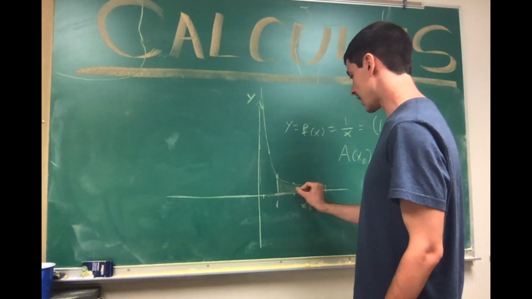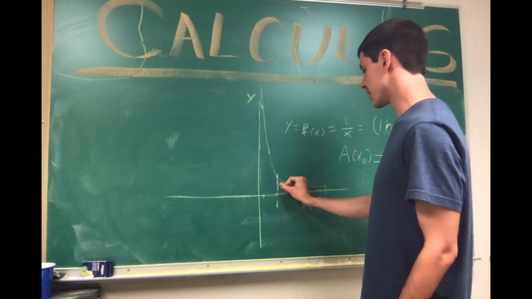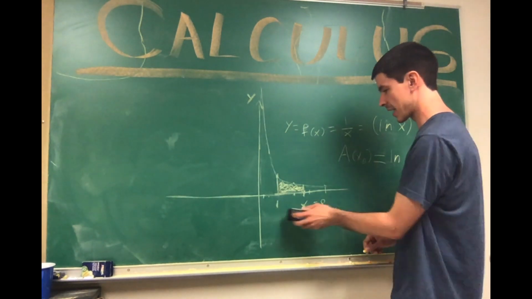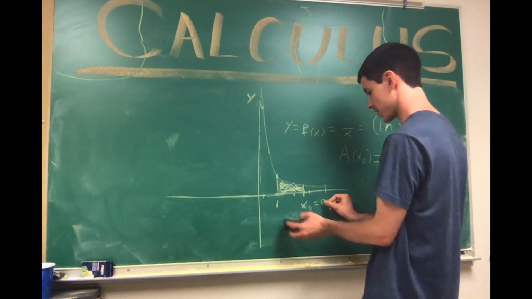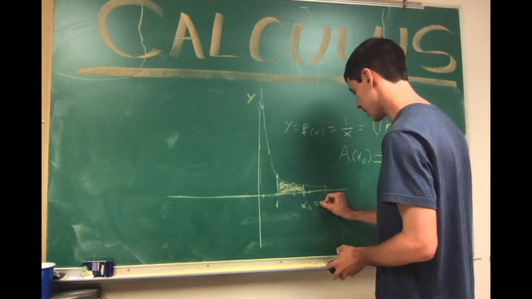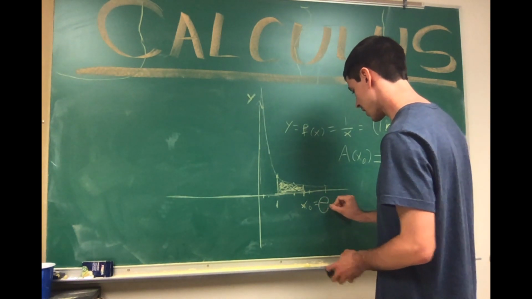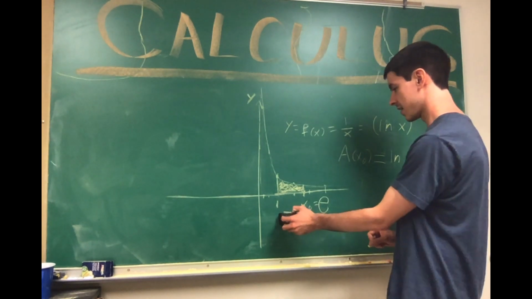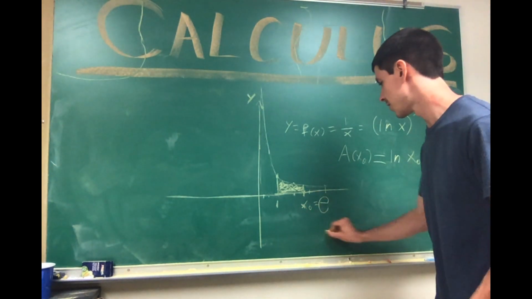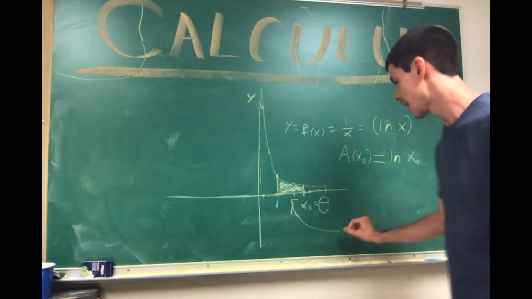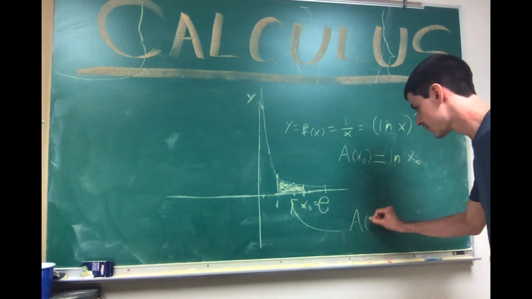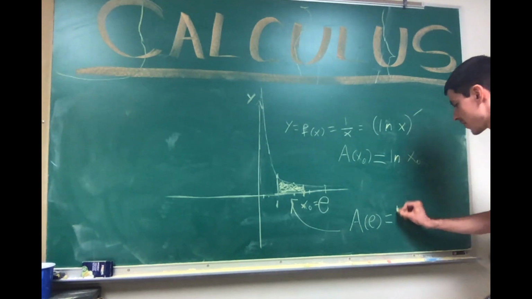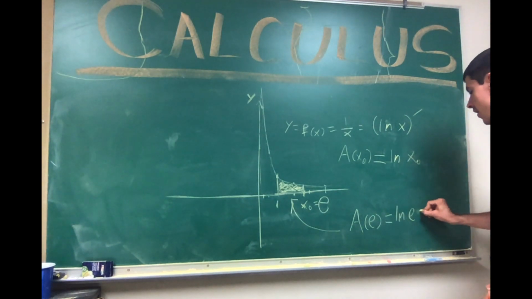So this area right here, underneath the curve y equals 1 over x, between x equals 1 and x equals e, the area, a of e, is just going to equal the natural log of e, which is, of course, none other than 1.